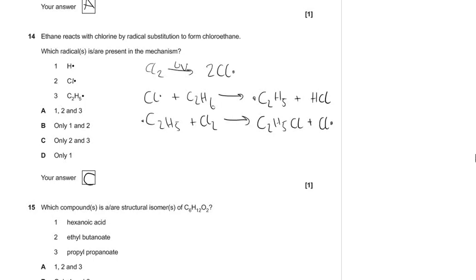Final question on this multiple choice part of the paper now. Which compounds is or are structural isomers of C6H12O2? And they've given you here 3 options: hexanoic acid, ethyl butanoate, and propyl propanoate. As always, it's organic chemistry. First things first should be to draw them out.